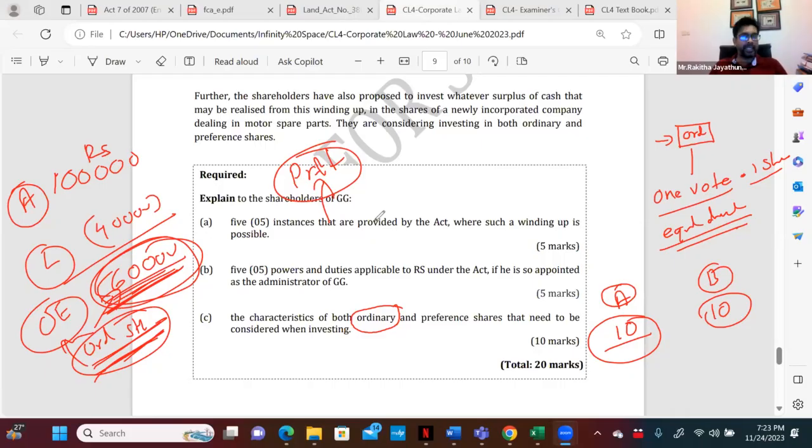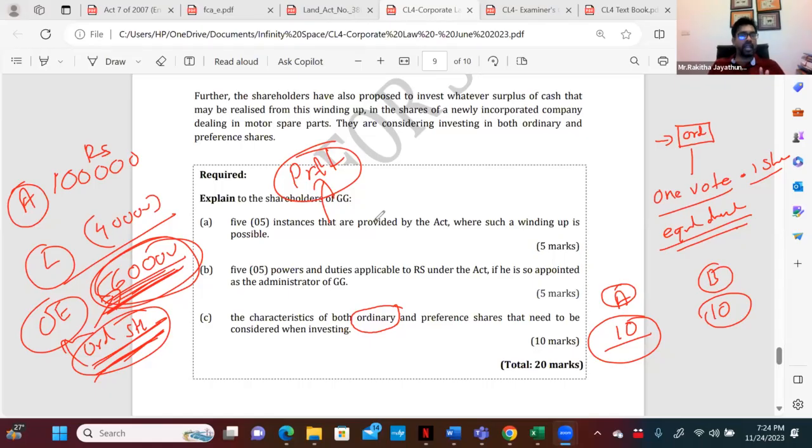So that's a risk basically. If you have profits, unrestricted distribution of dividend among the ordinary shareholders, provided the company has distributable profits. If not, ordinary shareholders are not entitled to any dividend. That is the risk that they take, but it's a characteristic.